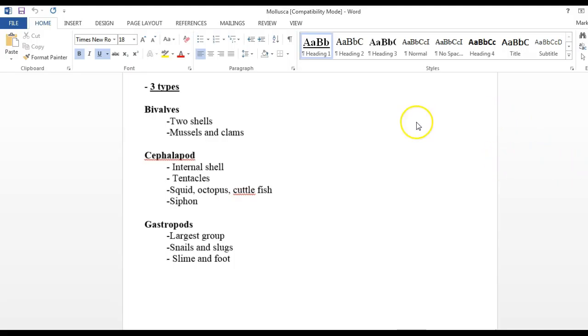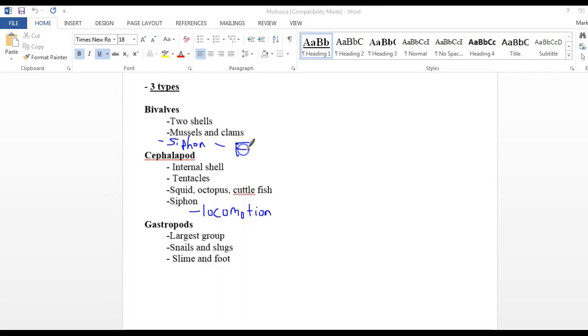Now these guys do as well, but the siphon for cephalopods is much more specialized. So we'll see when we do the dissection on this guy, make sure you check out the siphon and see how it works. And then the siphon on this guy is for locomotion. He's not using it to feed, but on the bivalve, he is using it to feed.